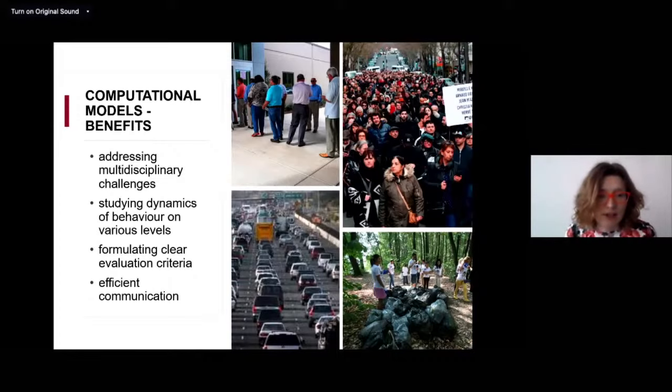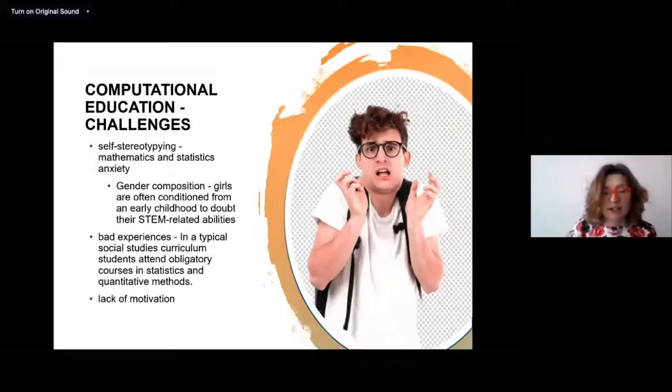And the fourth natural benefit is that it allows for efficient communication, for example, between the analysts and the social scientists. So there are many benefits to this computational thinking in social sciences, but what we have found throughout our years of experience is that it is not that often taught within curricula in social sciences.